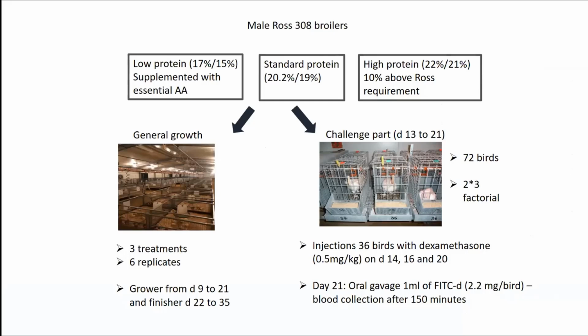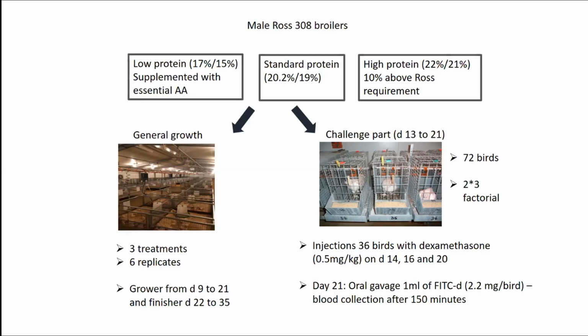We had reduced protein diets in grower at around 17%, compared to a standard protein of around 20.2% at the time. We also had a higher concentration of amino acids in the high protein diet, to give a wide range to see whether there was any impact associated with both the concentration of amino acids and reducing dietary protein, which industry is very interested in.